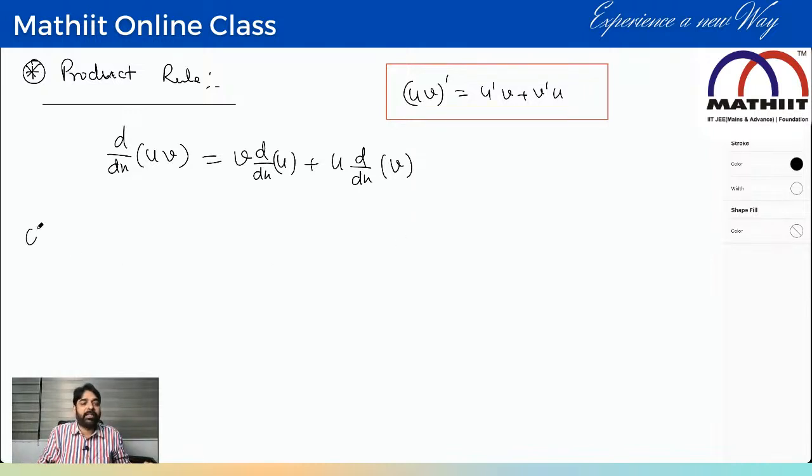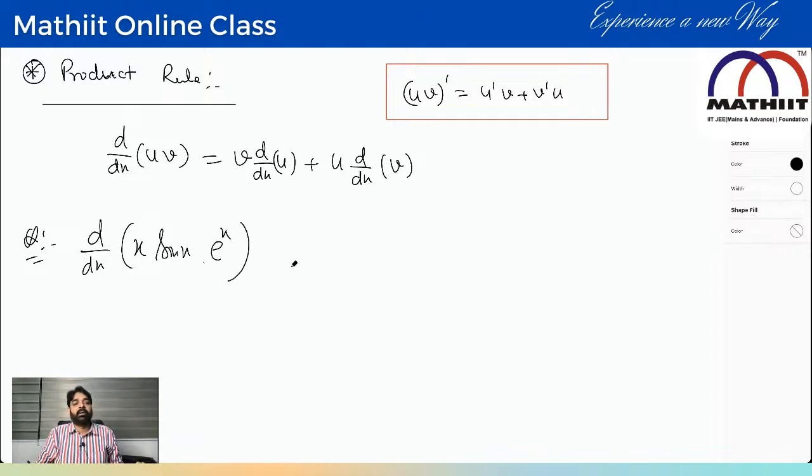Now suppose a question is coming: d by dx of x into sine x into e power x. So what will you say? Differentiation of x is 1, into rest, so sine x into e power x.